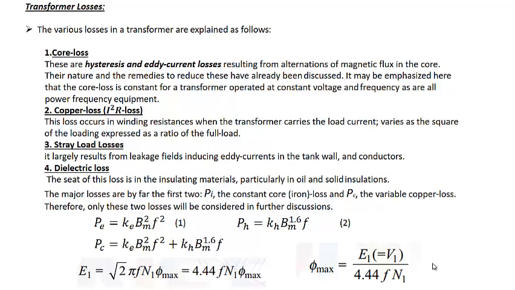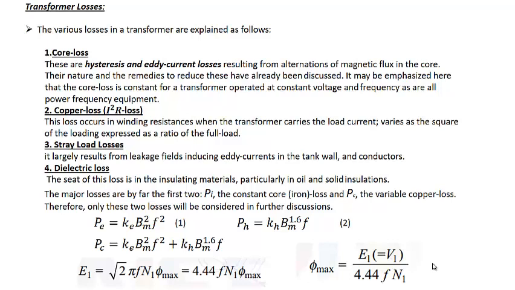We also assume from now on that these losses will be constant, because usually we excite the transformer with constant voltage and frequency, and as we have already discussed, these losses are dependent upon the voltage and frequency only. Apart from some construction dependence, which we assume is already fixed, they only depend upon the voltage and frequency.